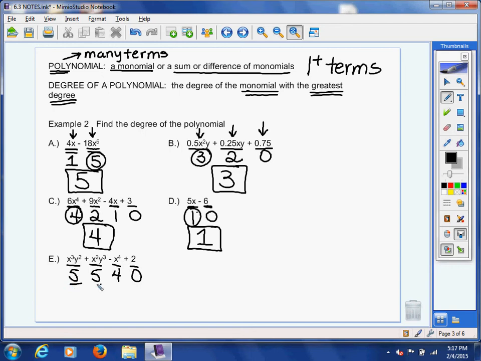Well, this is a tie right here. So that would mean that the degree of this particular polynomial is 5. Hopefully that was not confusing to you at all, and you understand the difference between finding the degree of a monomial versus finding the degree of a polynomial that has more than 1 term in it.